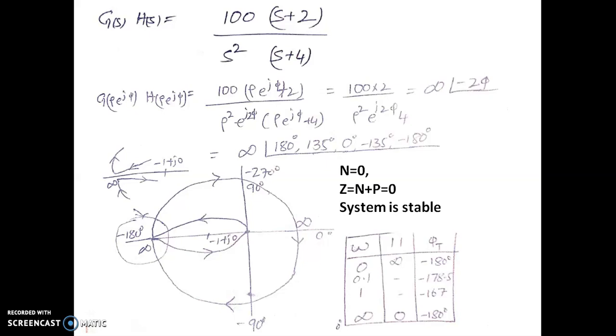One point to observe here is that it goes to minus 180 and then again starts at 180 degrees in the second quadrant. That's why it is not crossing the minus 180 degree line at all. So the system is stable because n is equal to 0 and P is also equal to 0. That's why the system is stable.